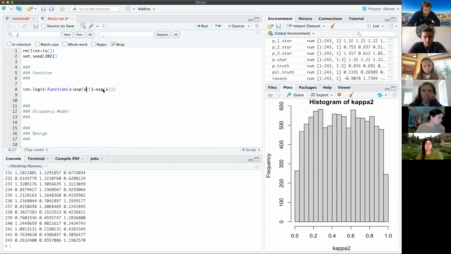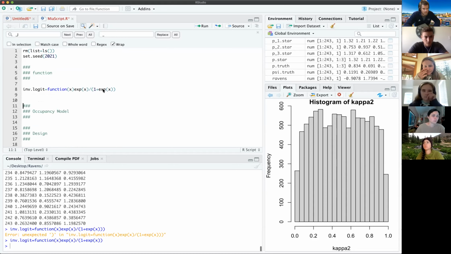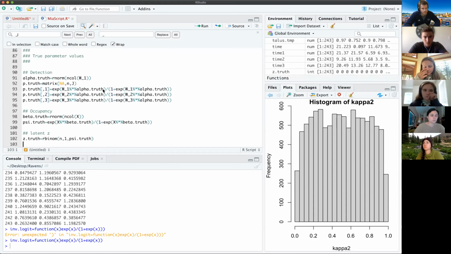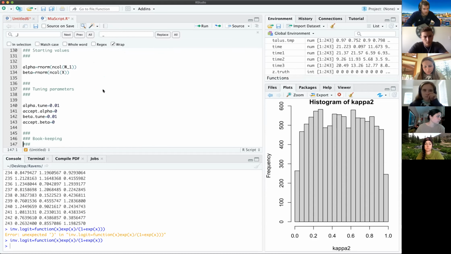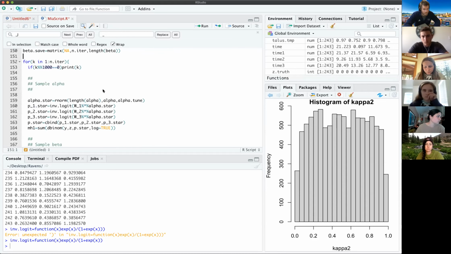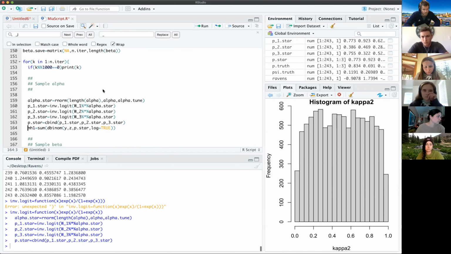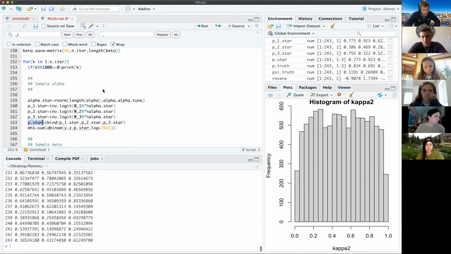Yep, there it is. Okay, so now we have values between 0 and 1.